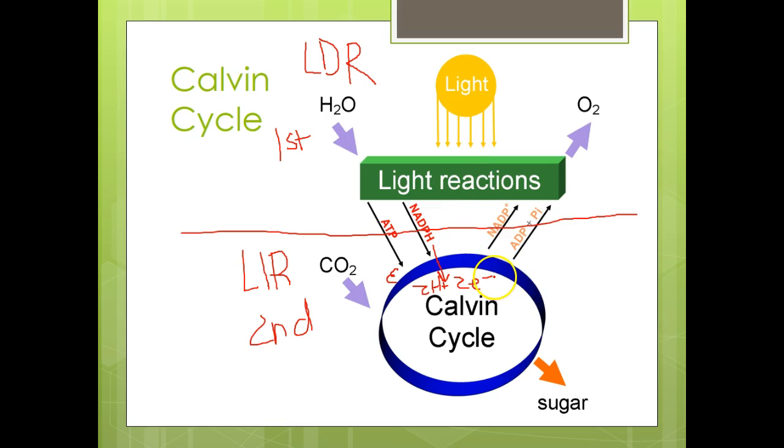The whole purpose of the Calvin cycle is to fix carbon dioxide, which means basically remove the carbon from atmospheric carbon to an organic molecule carbon in sugar, and that sugar is glucose. Okay, glucose.